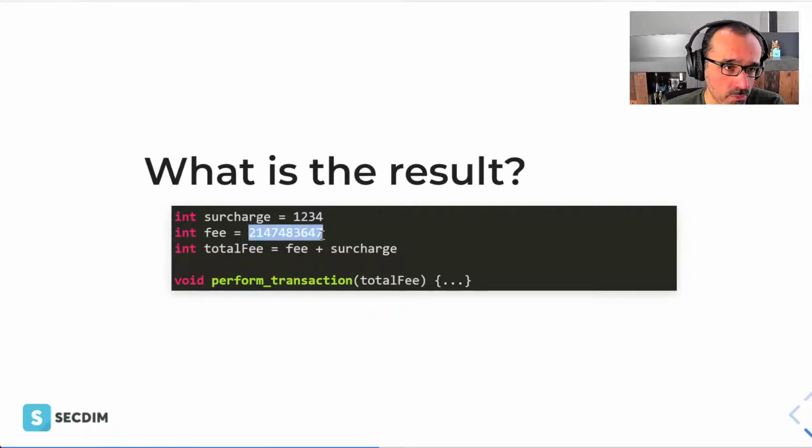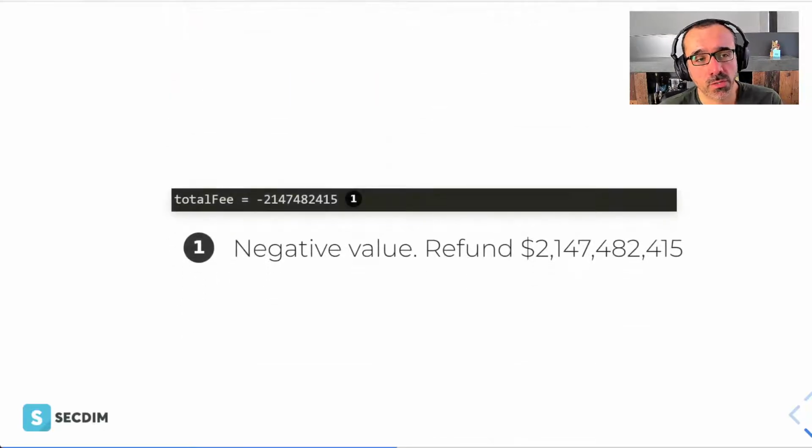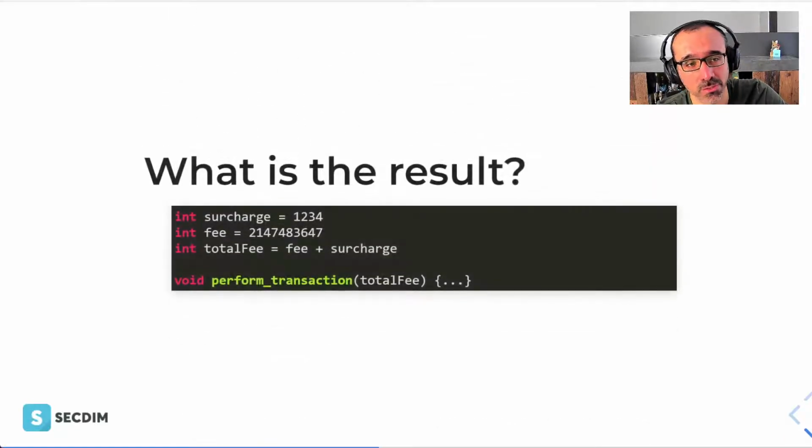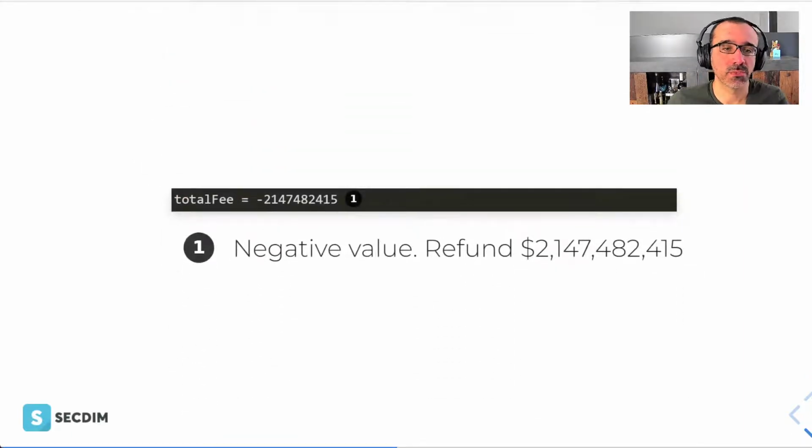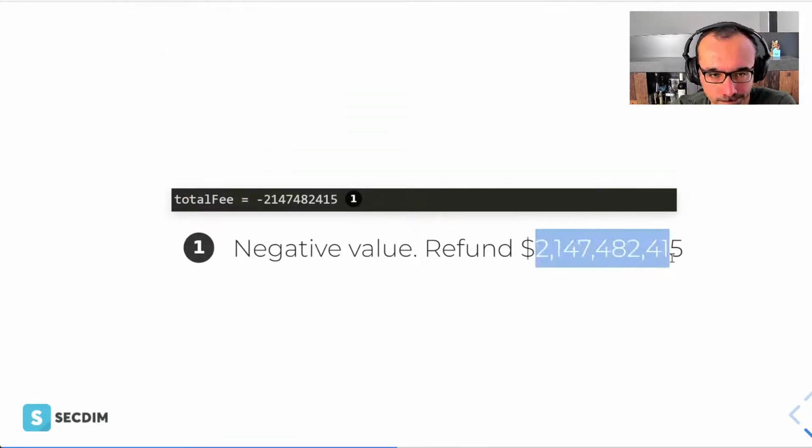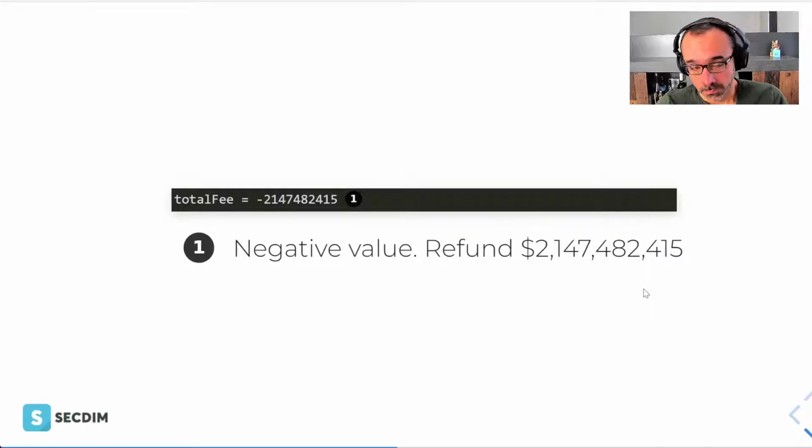So this number plus this number, we assume that it will still remain a positive number. Well, to our surprise, we may find out that the number suddenly wraps around and gives us this negative number. And if you have seen some payment systems, a negative value often may result in a refund. So rather than charging someone, we may end up giving them some huge refund back. This is overflow, or integer overflow in this case.